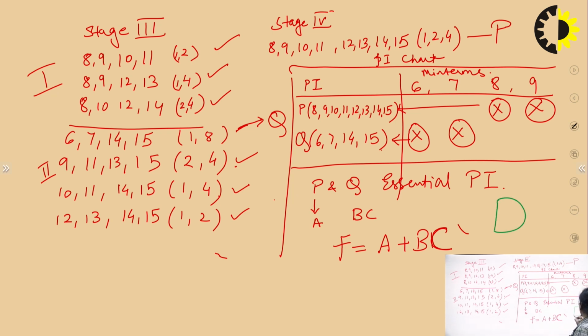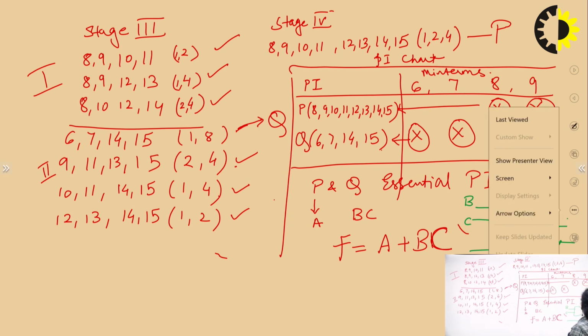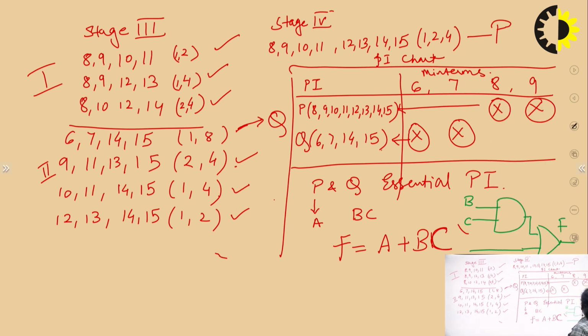One is an AND gate, where we will have B and C as inputs, and next we have one OR gate, whose other input will be A. In this way we draw the final logic diagram considering this as our minimized Boolean expression.